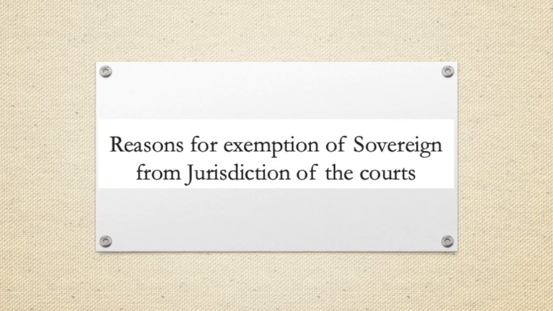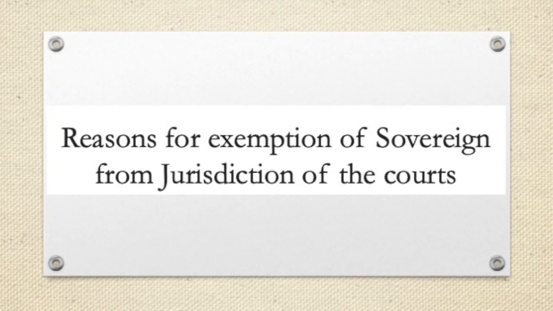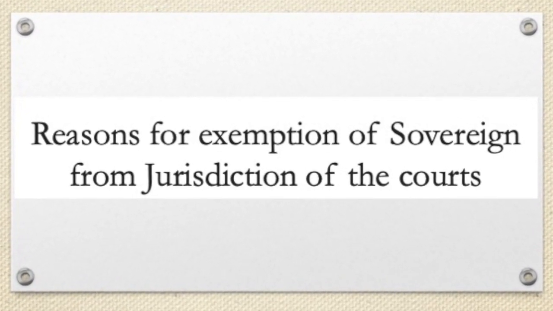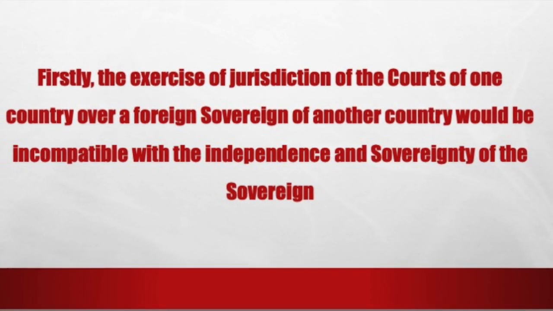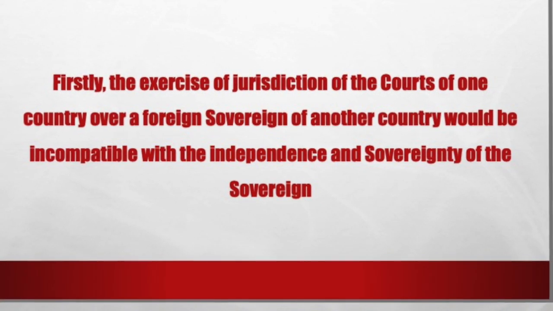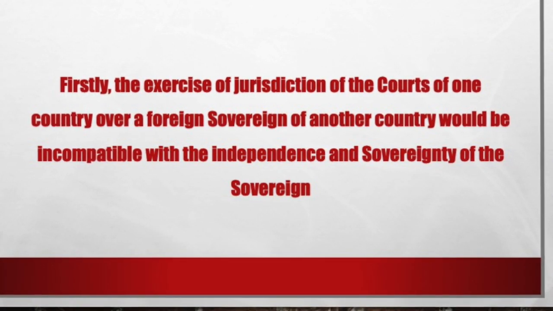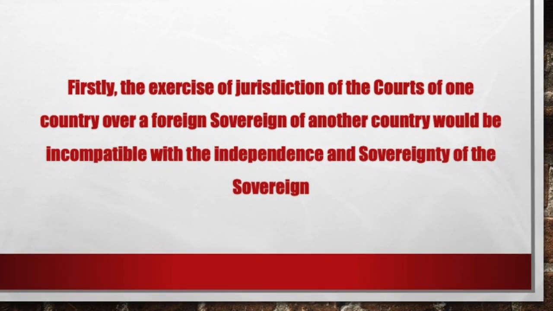There are mainly two reasons for this exemption of a sovereign from the jurisdiction of the court. First of all, the exercise of jurisdiction of the court of one country over a foreign sovereign of another country would be incompatible with the independence and sovereignty of that sovereign.